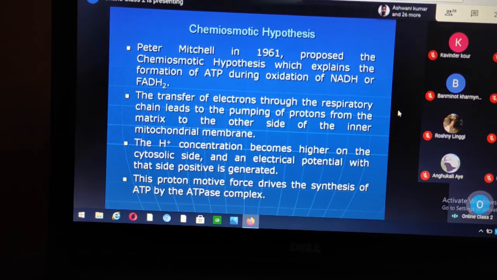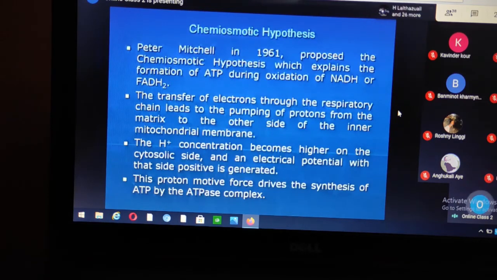According to that, when these reduced coenzymes are oxidized, energy is liberated. That energy is absorbed by some biomolecules like protein. Because of the absorption of energy, the protein molecule changes its conformation.